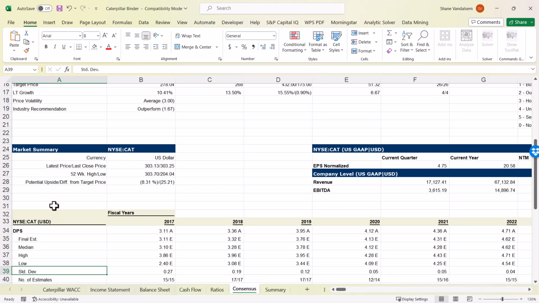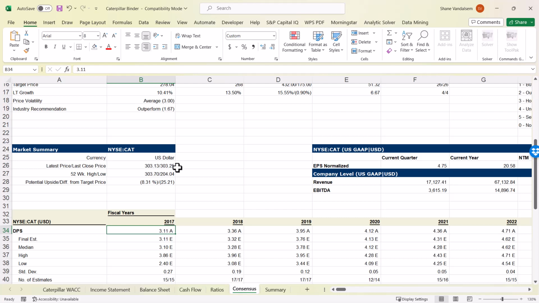And I'm going to grab the previous 6 years worth of dividends. That's going to give me 5 growth rates over that 6-year period. So where I have my cursor, it says 3.11A. That means $3.11. That was the amount of dividends paid out in 2017. A means actual. Where you see E, that's an estimate.